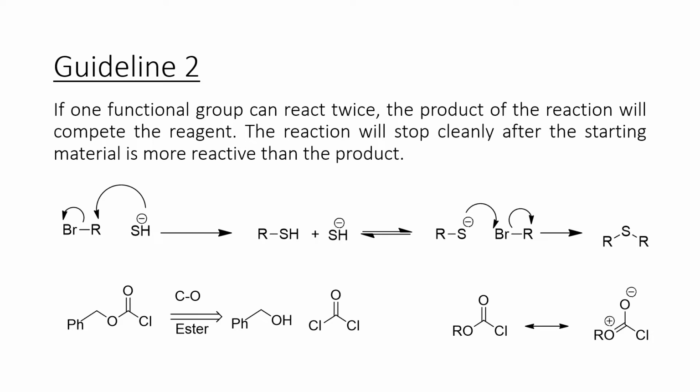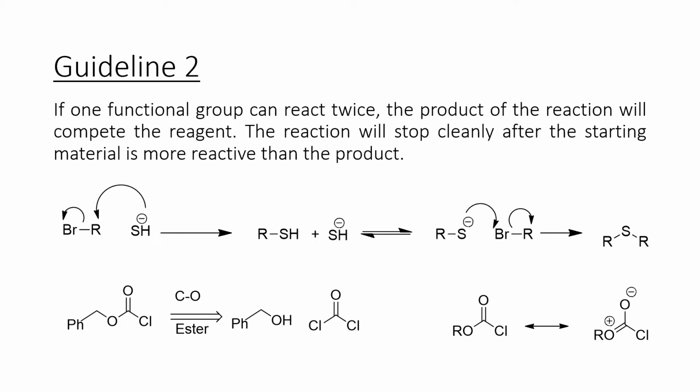प्रोडक्ट है जबकि SH माइनस भी स्टार्टिंग मटेरियल के तौर पे रिएक्शन मिक्सचर के अंदर पड़ा हुआ है। This SH starting material and RSH which is the first product, both of these will compete to react with the alkyl bromide.